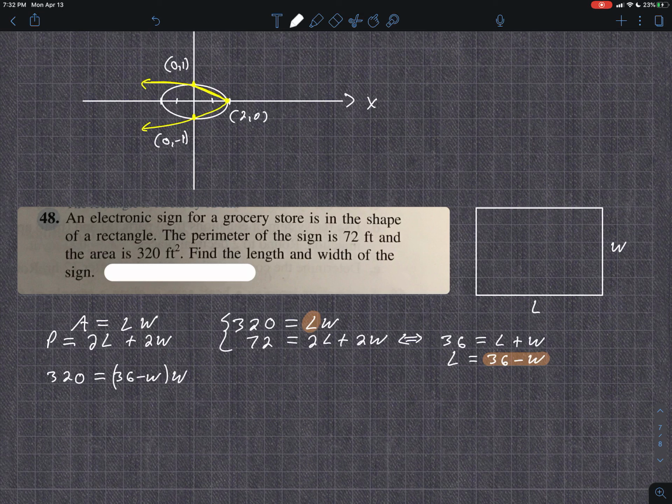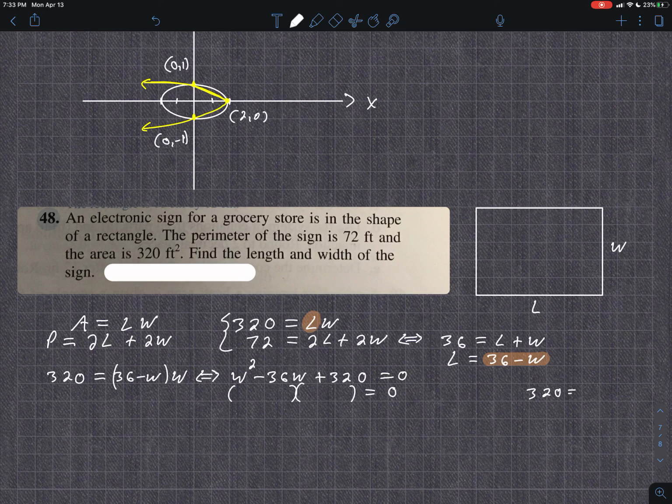If you look at that when you distribute, you can see you'll need to use quadratic form. So let's write that in quadratic form so we can try to factor it. So it's W squared minus 36W plus 320 equal to 0. Then factor it, product of two binomials.